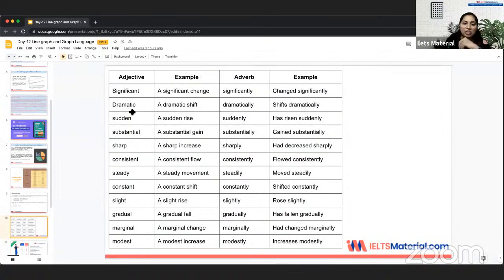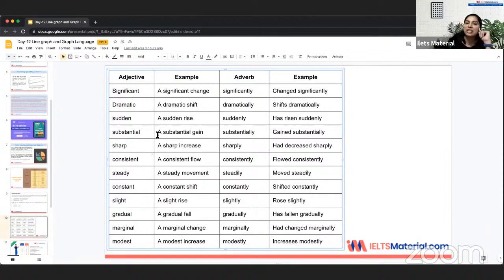Okay, next is dramatic, sudden, substantial, sharp, consistent, steady, constant, slight, gradual, marginal, modest. When I take these adjectives into adverbs, they are called significantly, dramatically, suddenly, substantially, sharply. You can also see these have been changed according to different tenses as well.